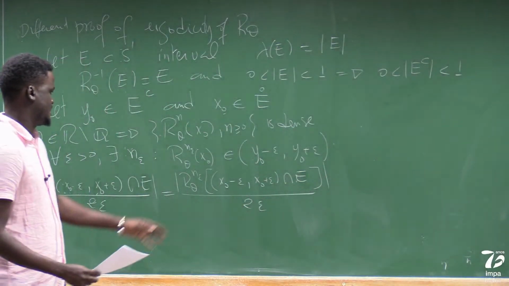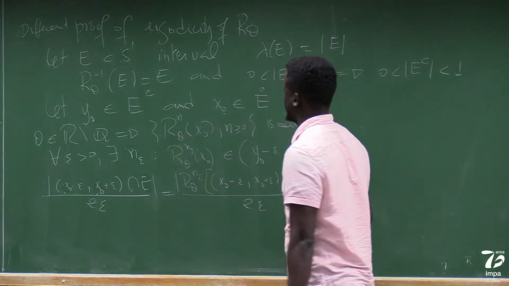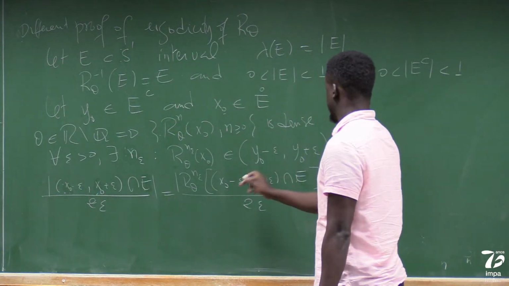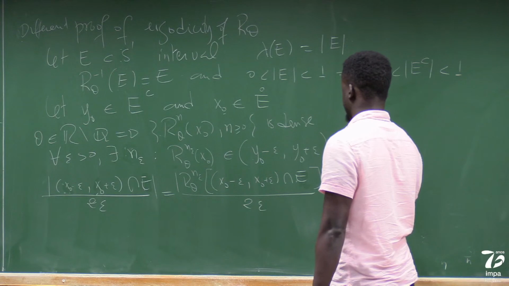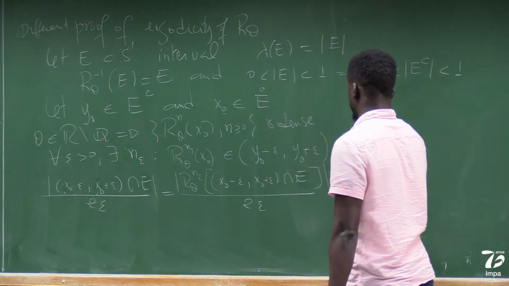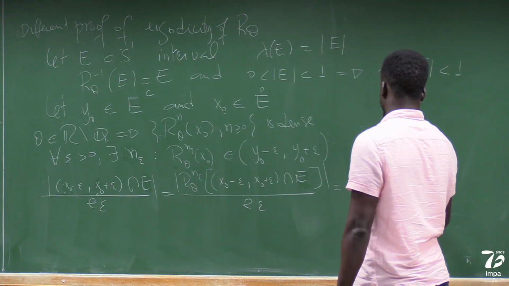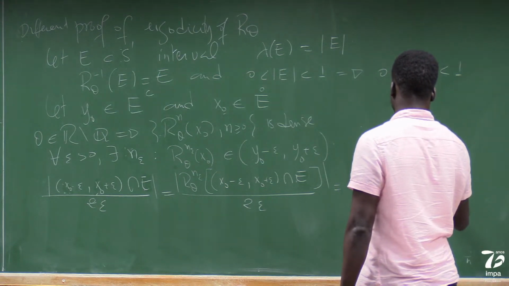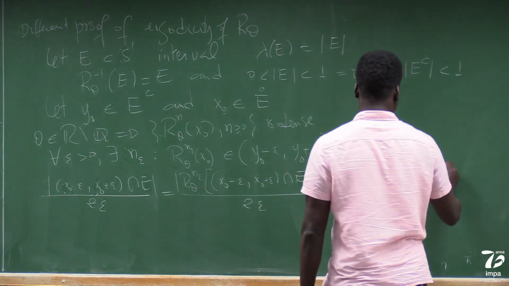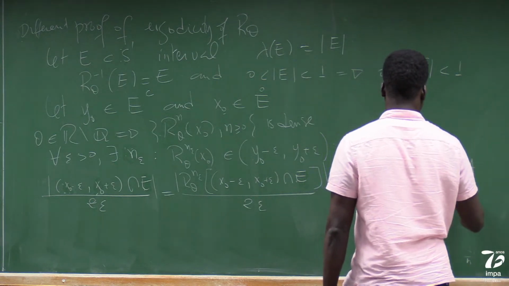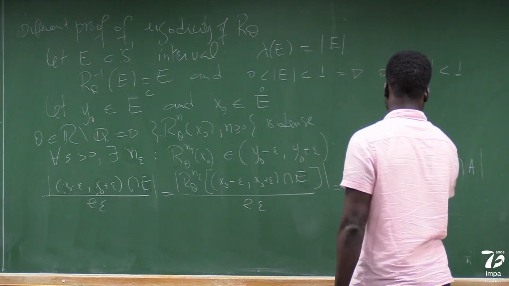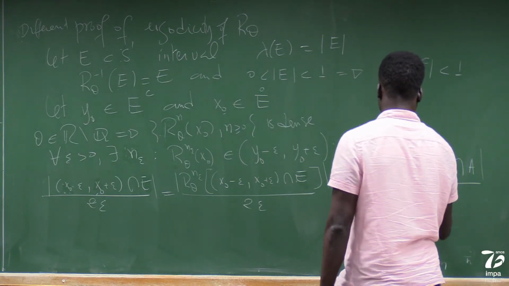And you can see that because of invariance here, you can just write this as the measure of r n epsilon theta of x naught minus epsilon, x naught plus epsilon, intersect with A, over 2 epsilon.